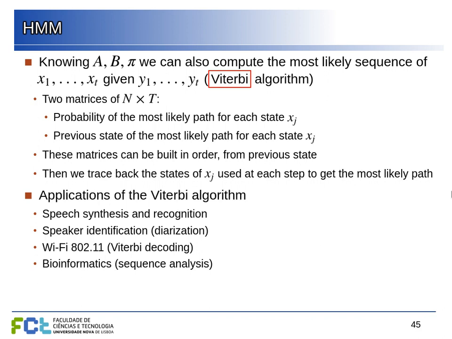I'm not going to detail it here, but just to give the idea, we need to create two matrices with as many rows as the states we have, and as many columns as the number of time instances that we are considering. In one of them we will compute recursively the probability of the most likely path to reach that state.